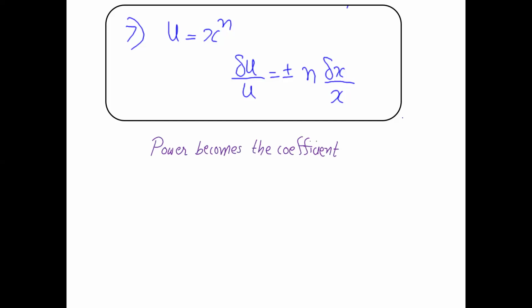So the power becomes the coefficient. The power comes forward. This is number 7. Copy the rule.